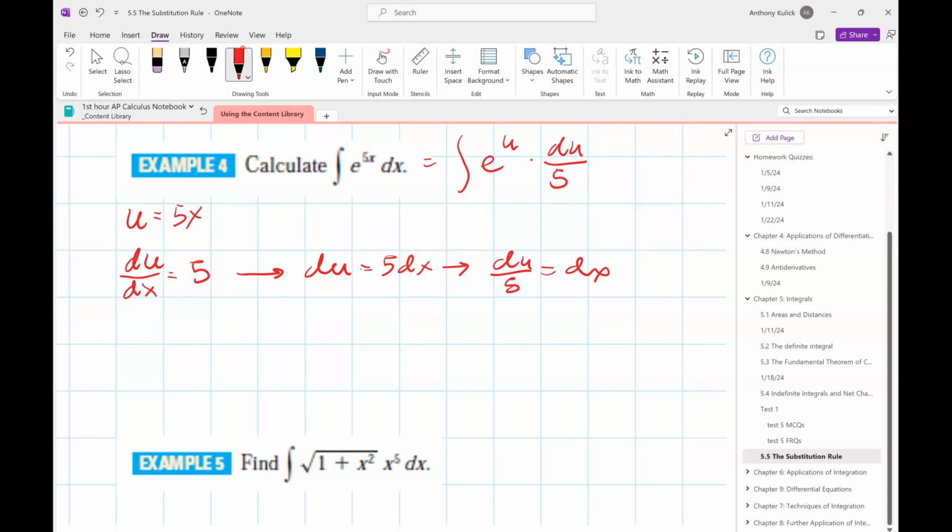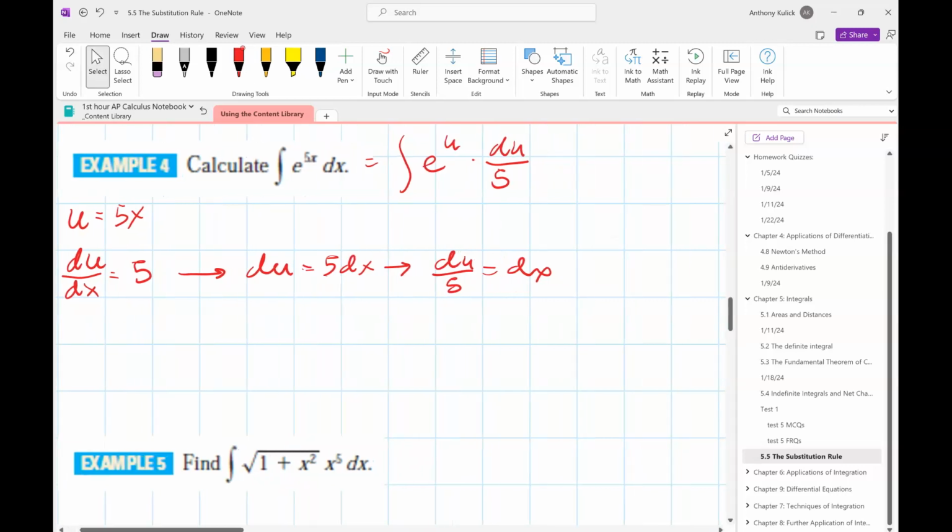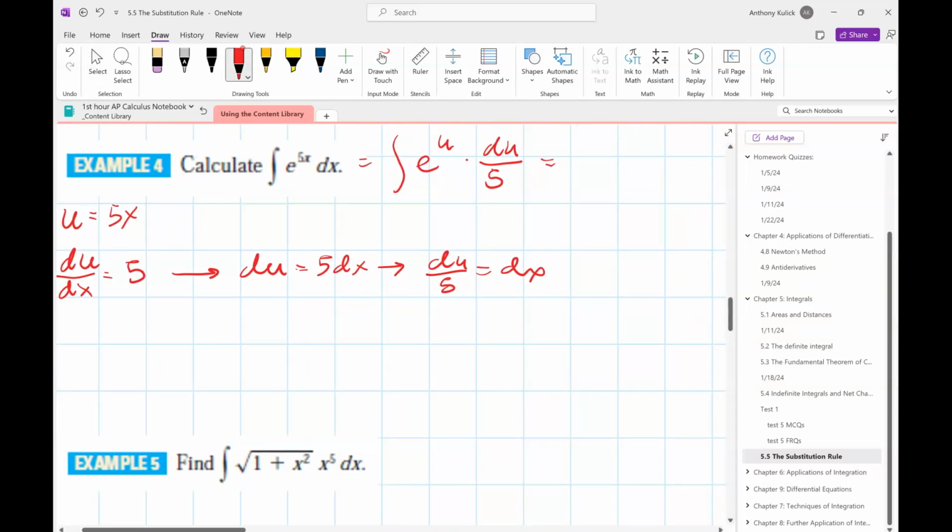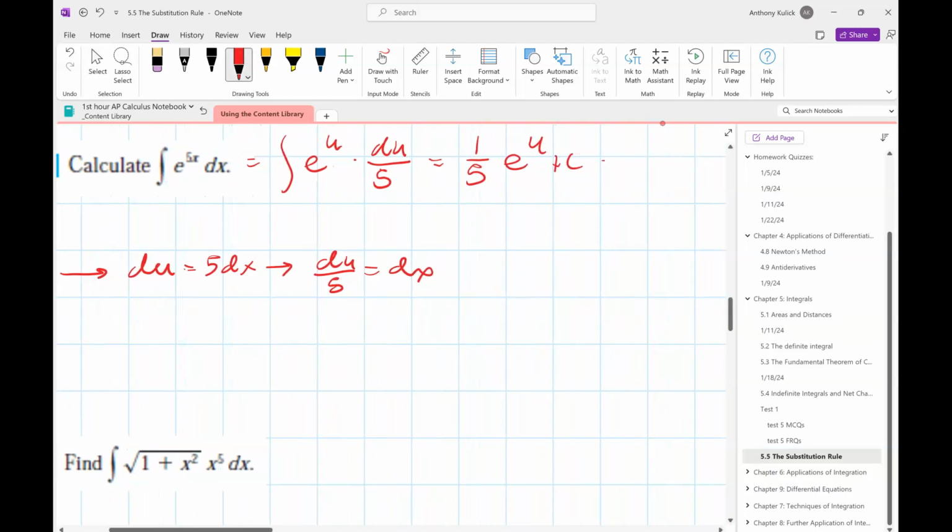Everybody feel okay? So we'll do our antiderivative. What's the antiderivative of e to the u? And we just plug our u back in.